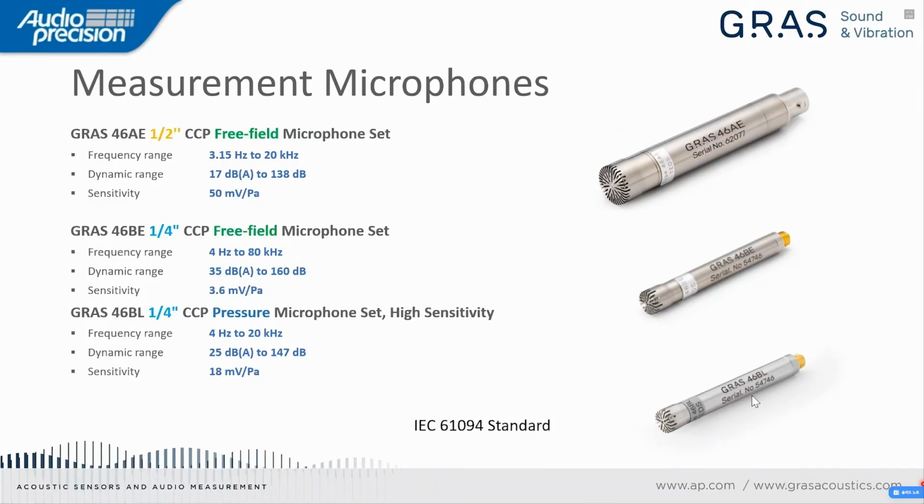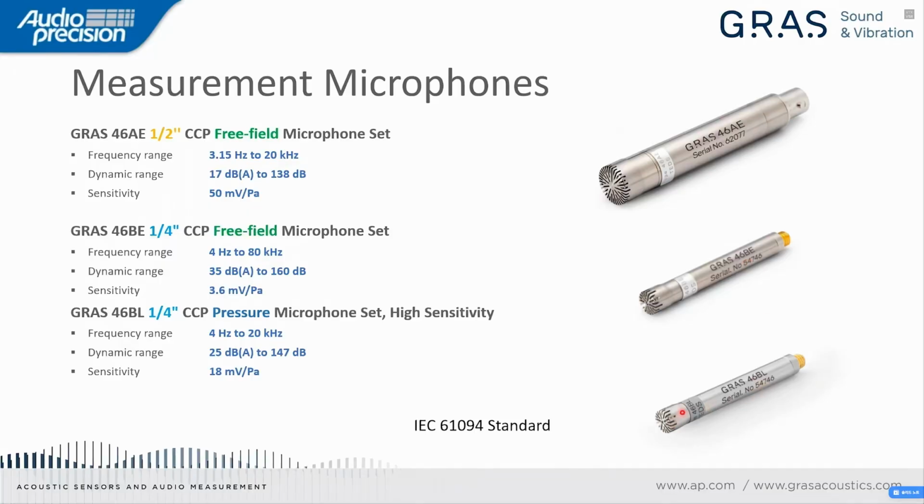In this case, we have a single half-inch free-field microphone. Then we have a quarter-inch free-field microphone. And here we have a quarter-inch pressure microphone. The free-field microphones, these 2 over here, are optimized to have a flat frequency response when they are used under free-field or close to free-field conditions. That could be in an anechoic or a hemi-anechoic chamber.